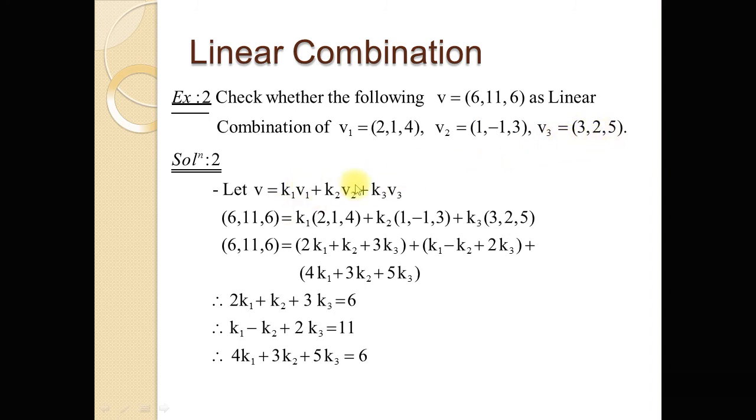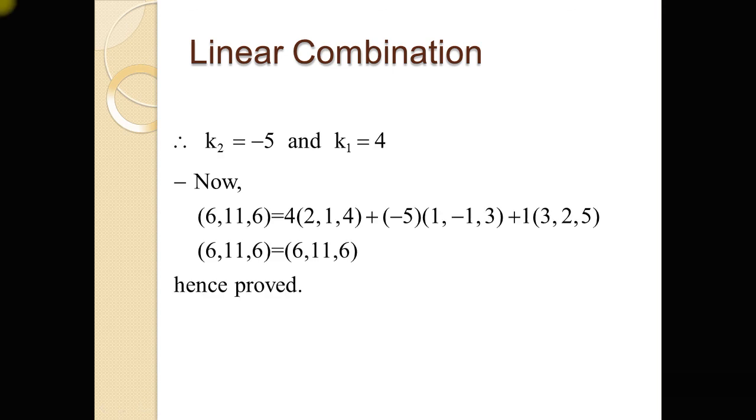And now we are going to prove that V is the linear combination of the vectors V1, V2 and V3 by putting the values of K1, K2 and K3, and after multiplications and addition, you see over here 2 4s are 8, 8 minus 5 is 3, and 3 1s are 3, 3 plus 3 is 6.